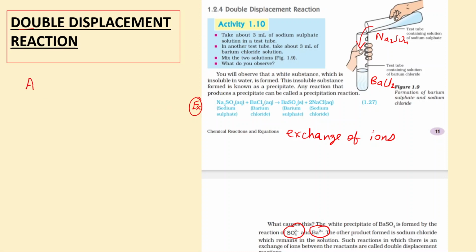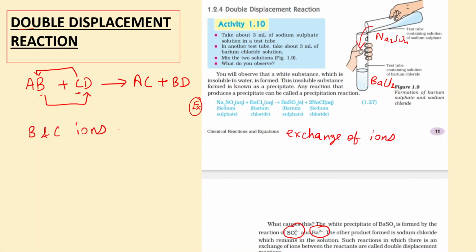So we can take a general formula. Suppose this is a compound, this is a compound. These are two ions which are to be exchanged. What will be the product? AC, this comes here and this goes here. So AC plus BD, with exchange of B and C ions. So this is a double displacement reaction. Here you can find SO4 2 minus and Ba 2 plus.